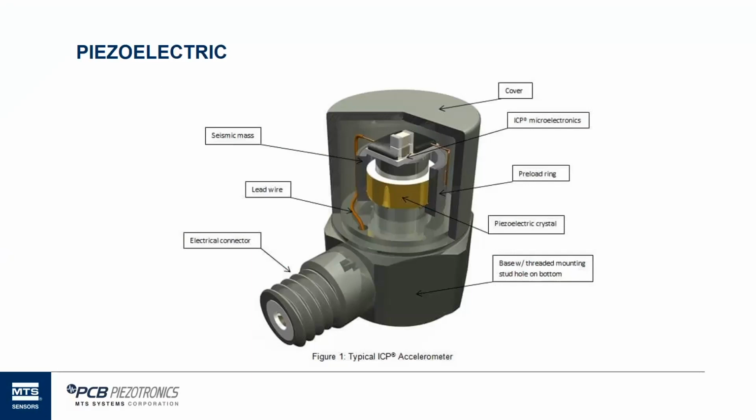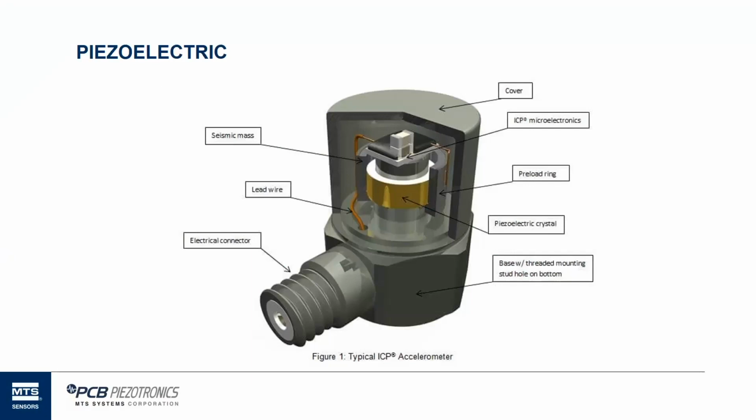We can't generate that kind of charge flow, electron flow. So one of the first things we do, as soon as we generate that charge across the crystal, is get it into basically an amplifier inside the accelerometer that converts it to a low impedance signal that can be used to travel over long distances.